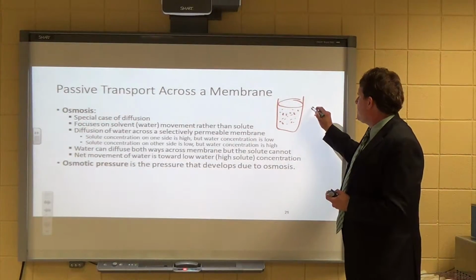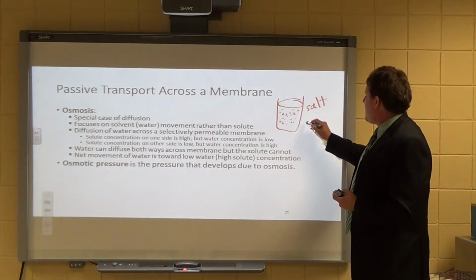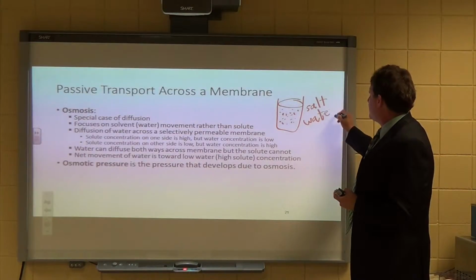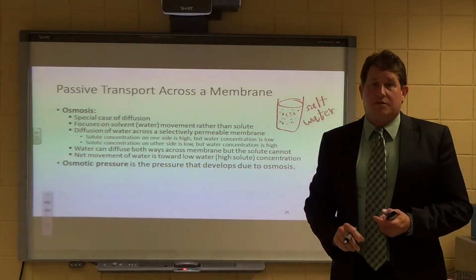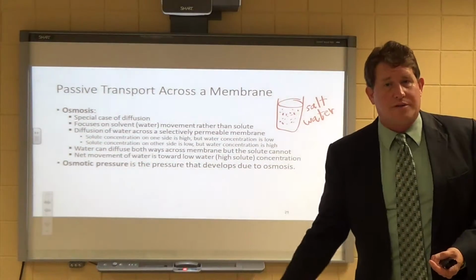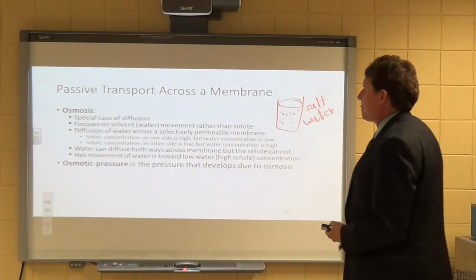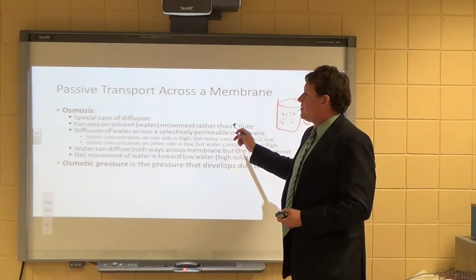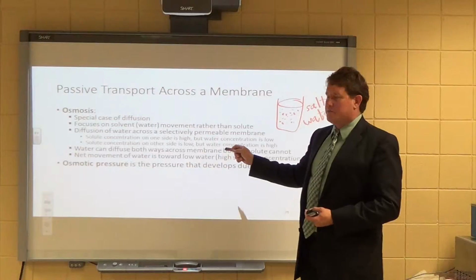There's salt in there and water in there. So usually we think of things in terms of how much salt did you put in there. But osmosis looks at, well, how much water is in there? Here there creates a diffusion as well.